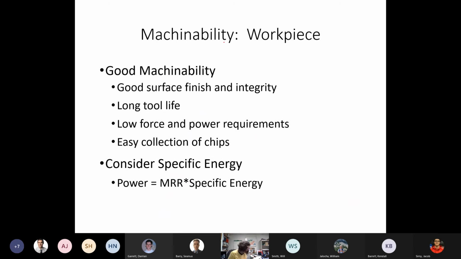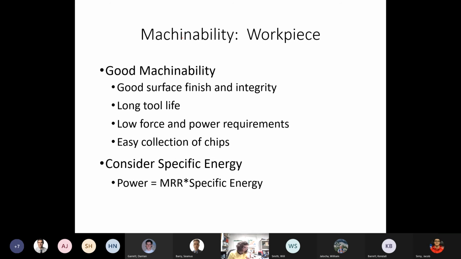machinability is one of those properties that is a comparative or relative property. We may say a material has a particular value of machinability, but it often is going to be related to a core material.